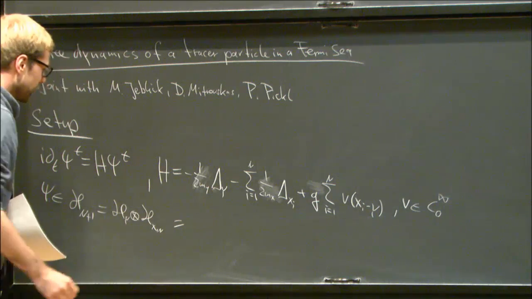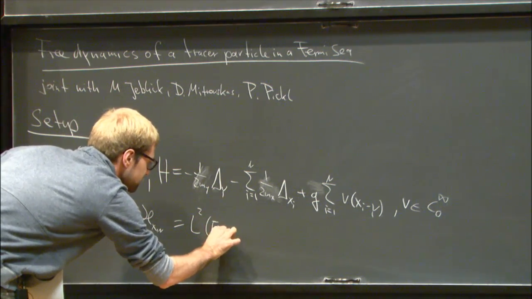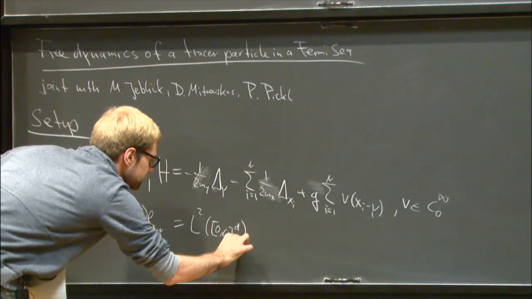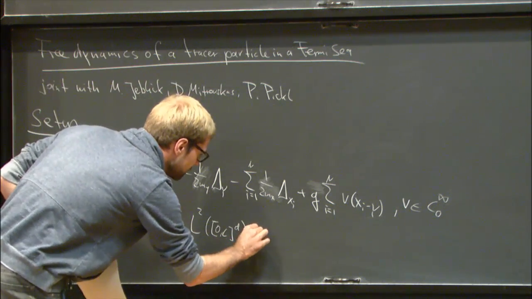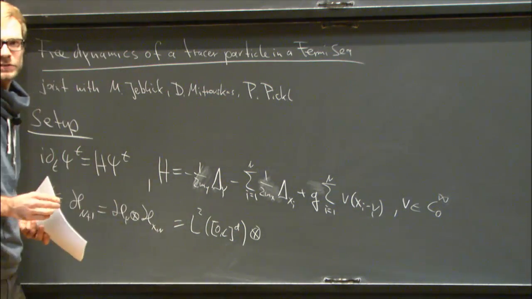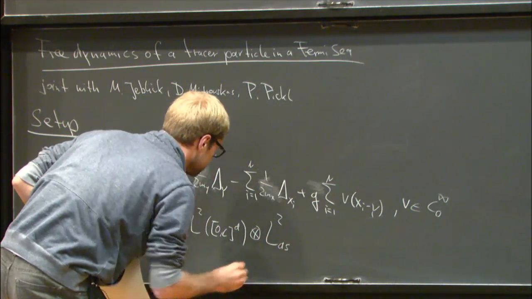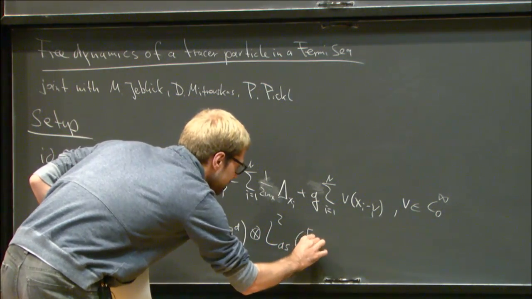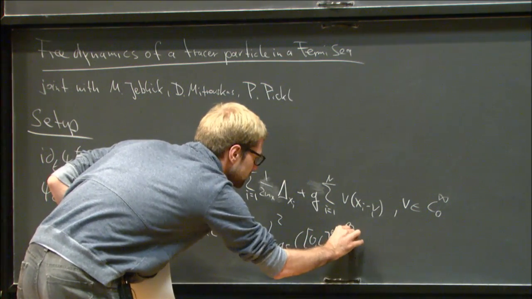So the Hilbert space of the y particle is just the usual L2 space in the box in d dimensions. And the Hilbert space for the n gas particles, I want to take a fermionic Hilbert space. So it's the antisymmetrized L2 space on a box tensor n.